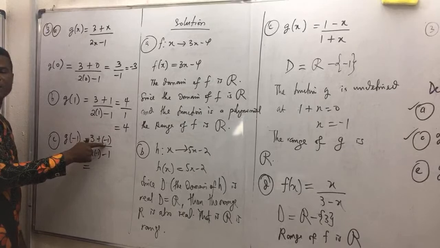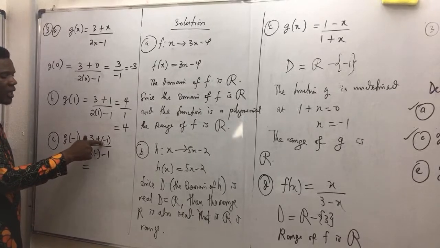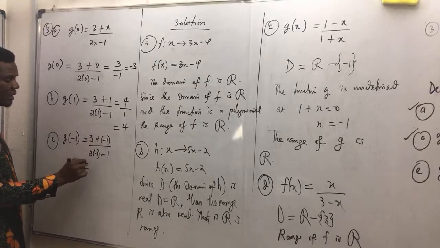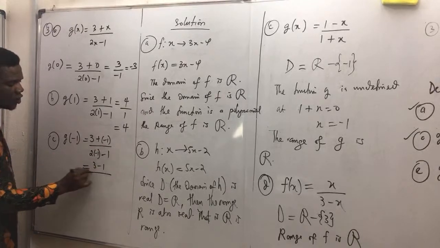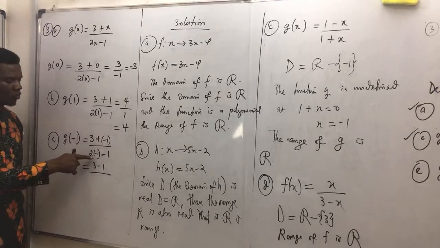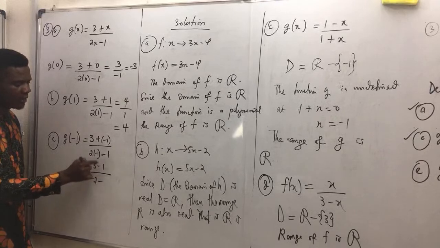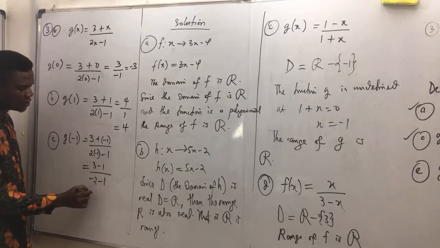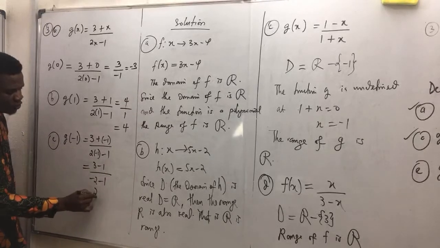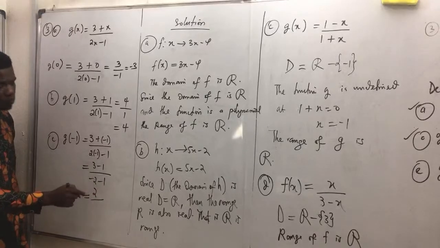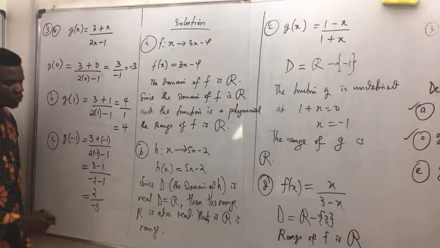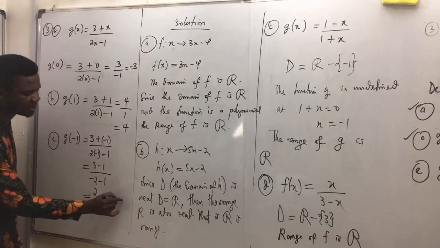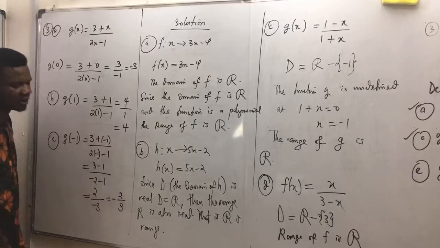Plus times minus is minus, so the numerator is 3 minus 1, which is 2, and the denominator is minus 2 minus 1, which is minus 3. So your result is minus 2 over 3.